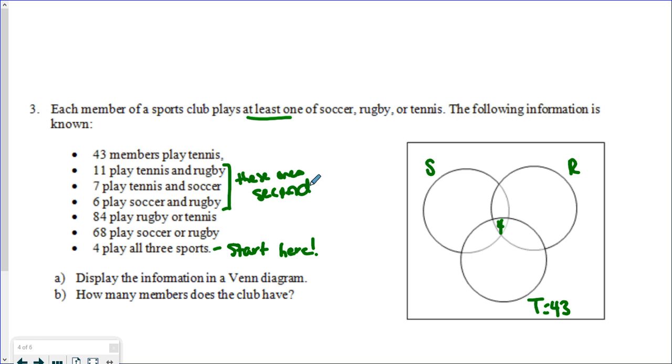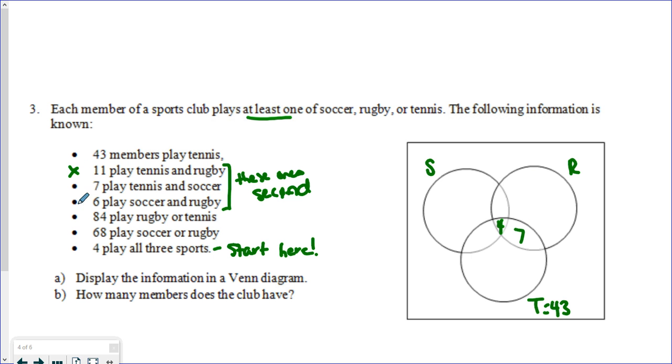So 11 played tennis and rugby. Tennis and rugby again, if you can see my cursor, tennis and rugby are this part. We're saying 11 do that, so we've already accounted for 4 here. These individuals do play tennis and rugby. They also play soccer, but we've already counted them. So for just tennis and rugby, there's going to be 7 individuals there.